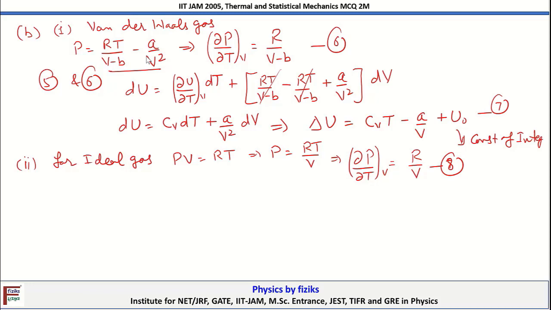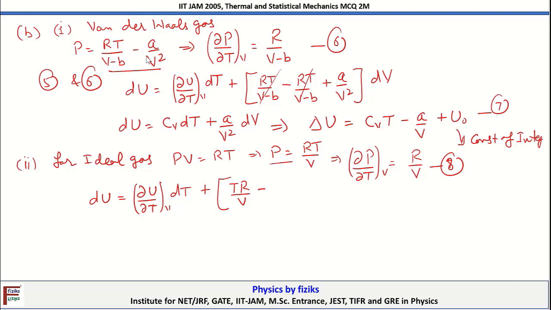So equations 5 and 8 again imply that dU, now for the ideal gas, is equal to dU by dT dT plus T dP by dT, which is RT upon V, minus P. What is P?